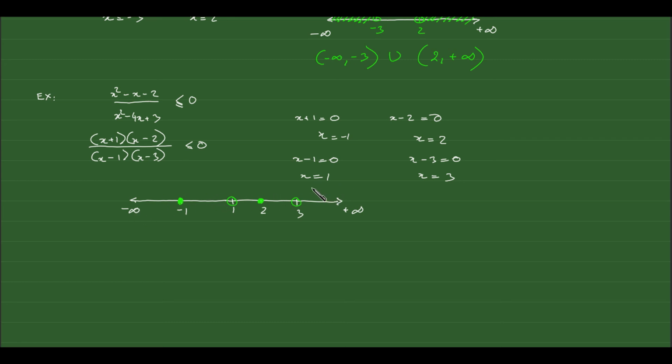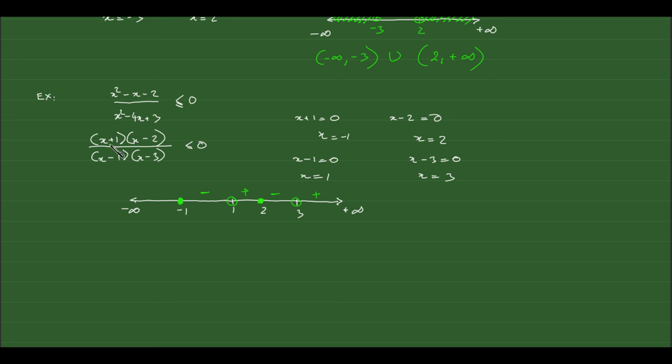Okay, pick a value. Pick 4, plug it in. Positive. Pick 2.5. Negative. Pick 1.5. Positive. Pick negative 0.5. Negative.